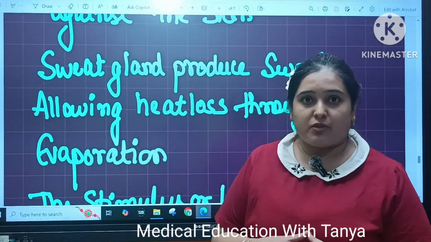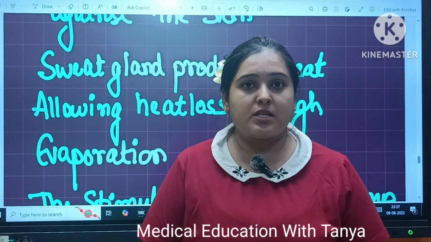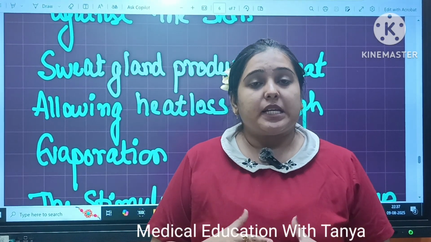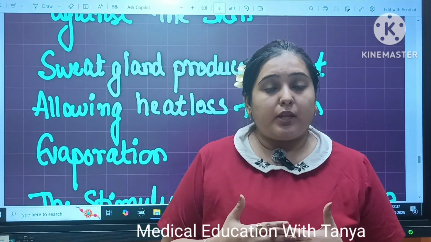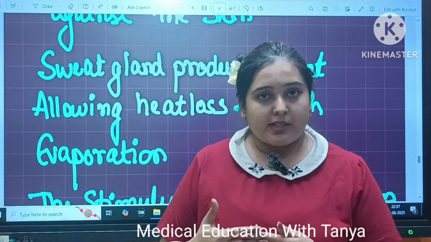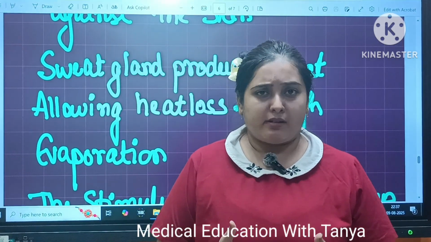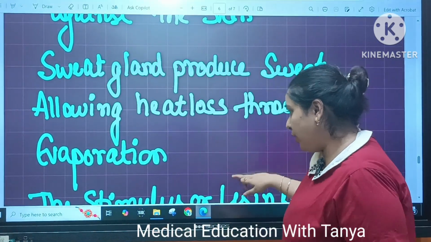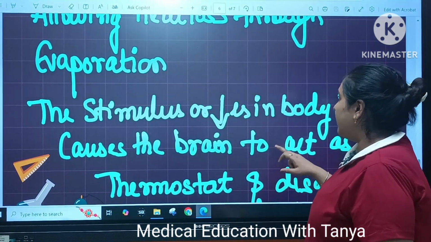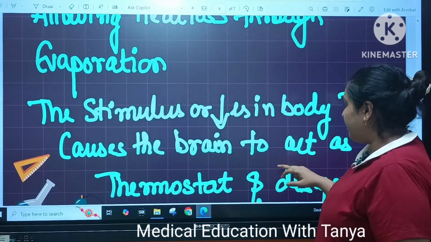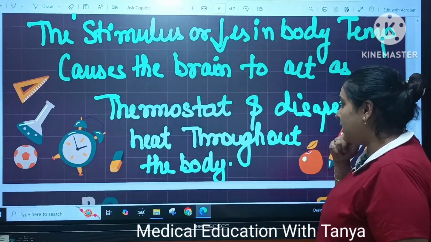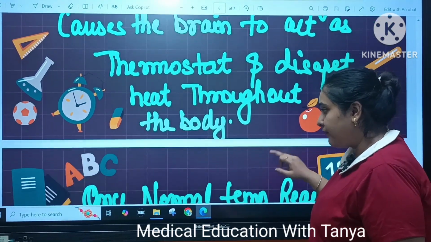Whenever our body tries to remove toxins, it releases sweat, and after a certain time the sweat gets evaporated in the environment. So the stimulus of increased body temperature causes the brain to act as a thermostat and dissipate heat throughout the body.